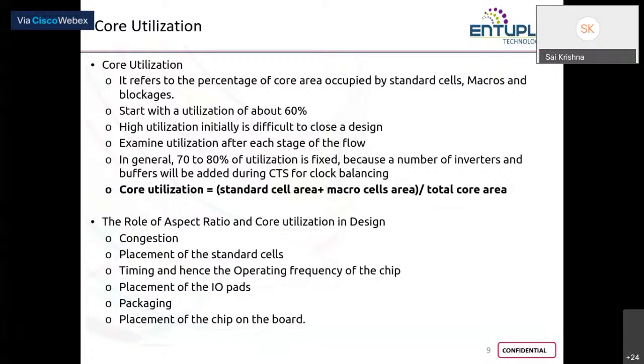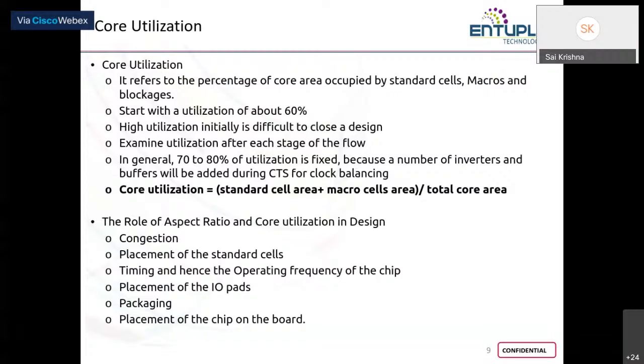Now, we cannot actually determine whether 10 would be required, or the number of buffers, the type of buffers for that matter, that could be added during the next subsequent stages to better your timing. So that is why we start on an average with 50 to 60%. That means out of the available x square micron area, we take only 50 to 60% dedicated for your floor plan.